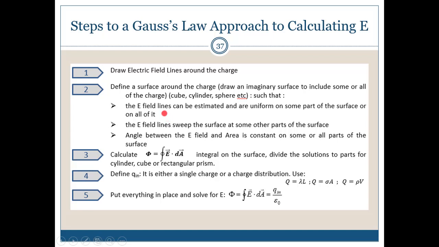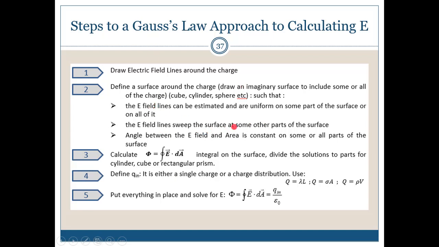So you want to pick a surface that can give you that, because E has to come out of this integration. Also, we said that the angle has to be predictable. So this means that the surface you're picking should have E field lines sweeping the surface. Sweeping the surface means what?